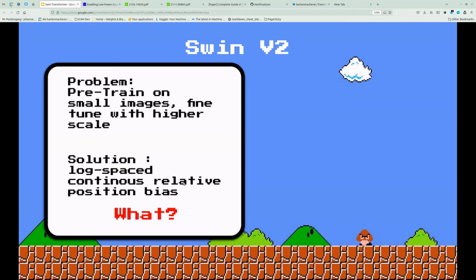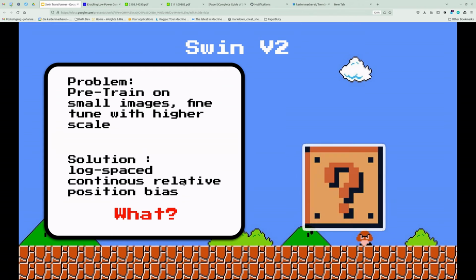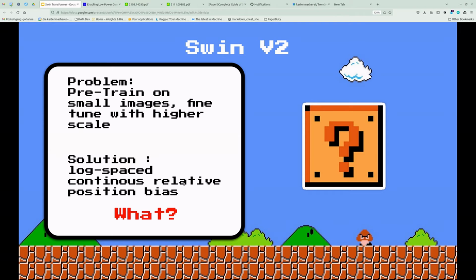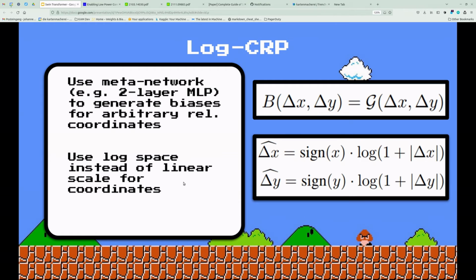So the solution is something with a really long name: log space continuous relative position bias. What is that? Let's just look at it. They use a meta network instead of just this matrix thing.